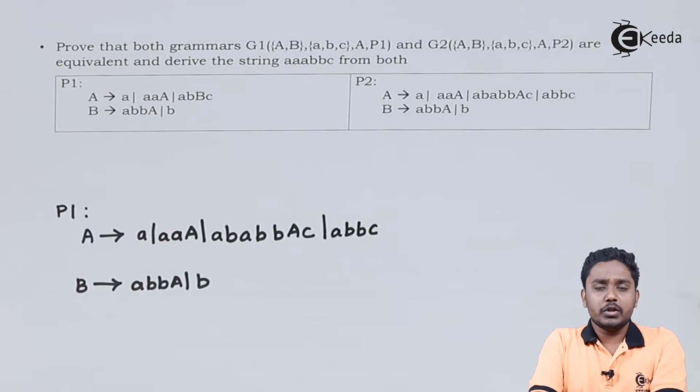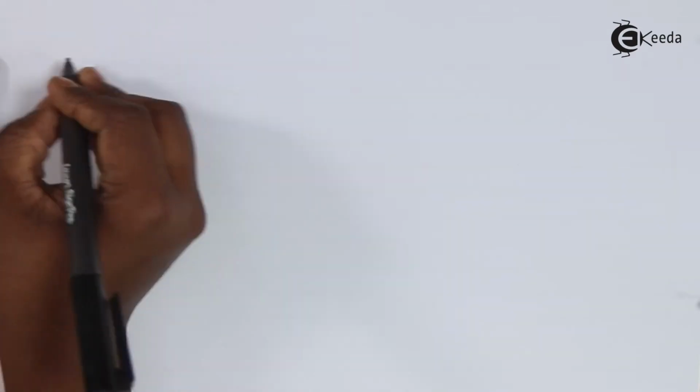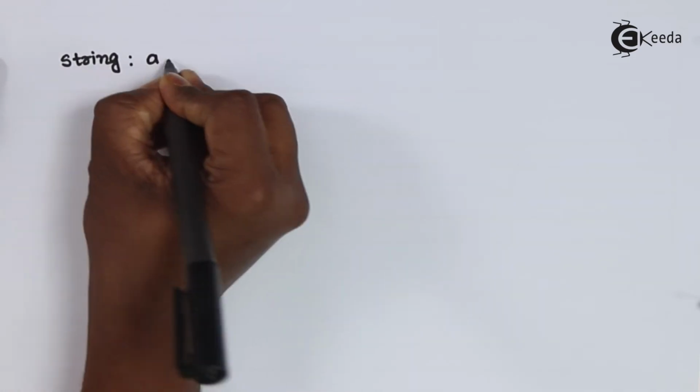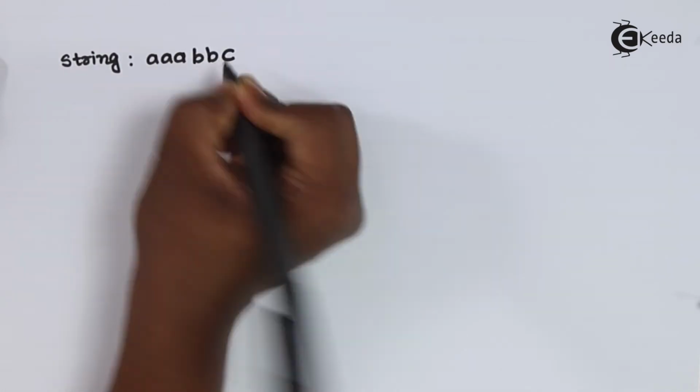The next part of the question is asking us to derive a certain string from this grammar. The string to be derived is triple A followed by double B, C. Let us use a parse tree for this, using production P1.